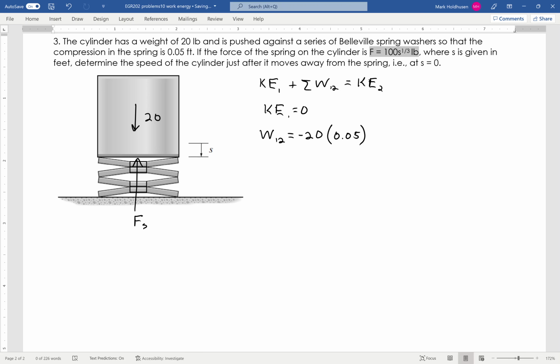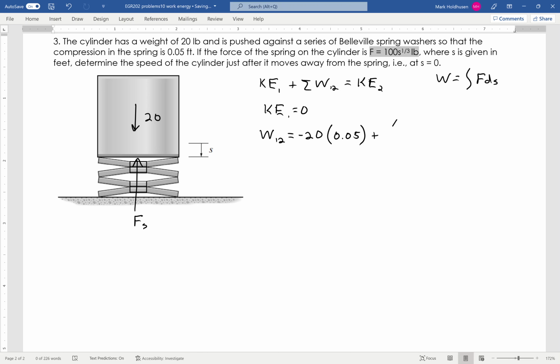Now the spring is going to be doing positive work, pushing it up in the direction of the spring force. So I'm going to have plus. Now, this force is not a constant force, so I have to use my integral. My work, remember, is the integral of F ds in general terms.